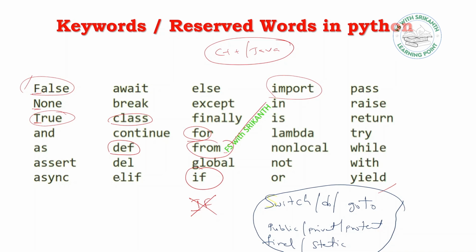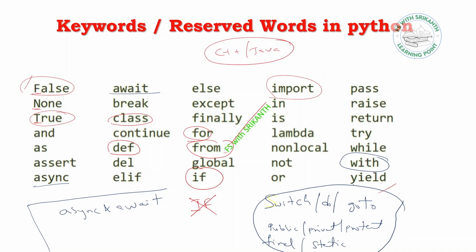And what is added in Python when compared to C, C++ and Java? Some keywords are added in Python. One is async and await, for asynchronous programming. Then there is with, for context management, which simplifies resource allocation and deallocation.